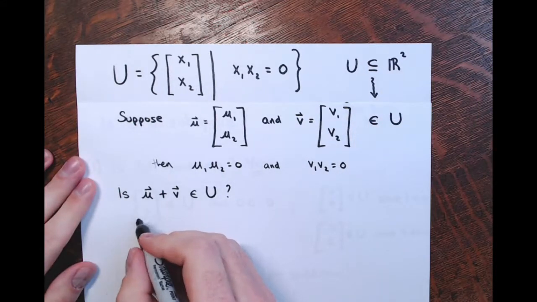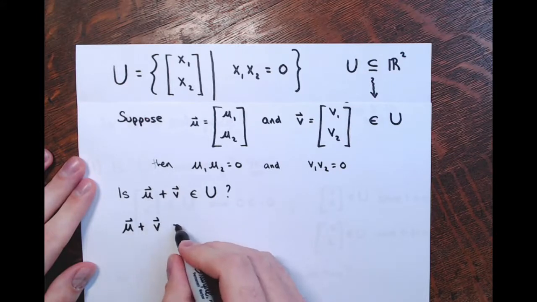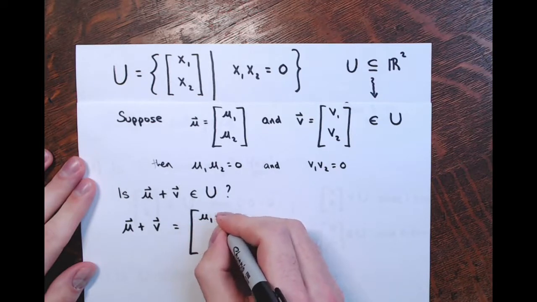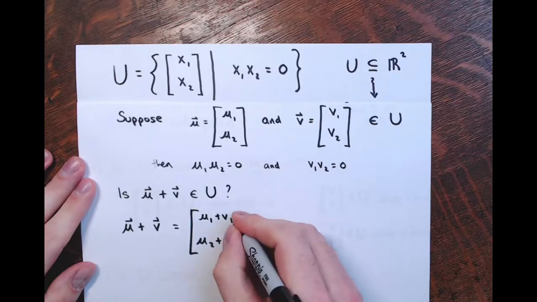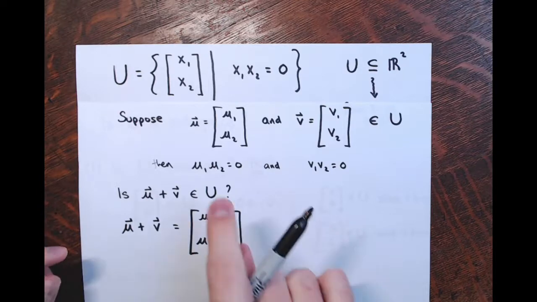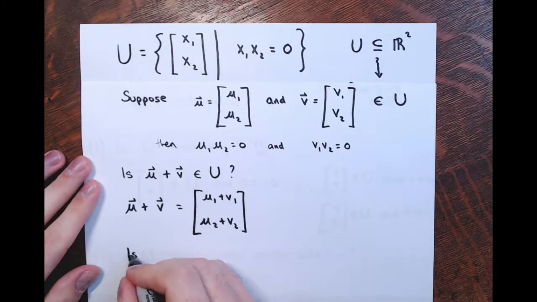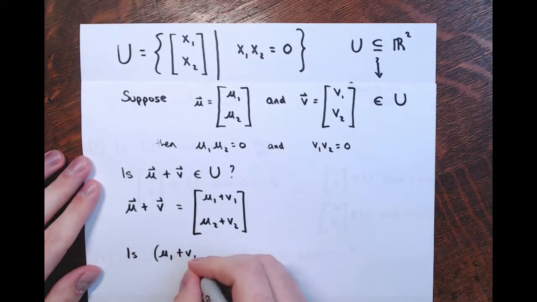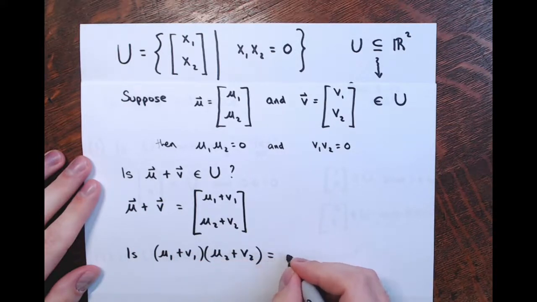So let's do this. Let's look at u plus v. That would be, under the standard definition, u1 plus v1 for the first component, u2 plus v2 for the second component. Now, is this going to be in set U? So is the product of their components, u1 plus v1 multiplied by u2 plus v2, equal to 0?